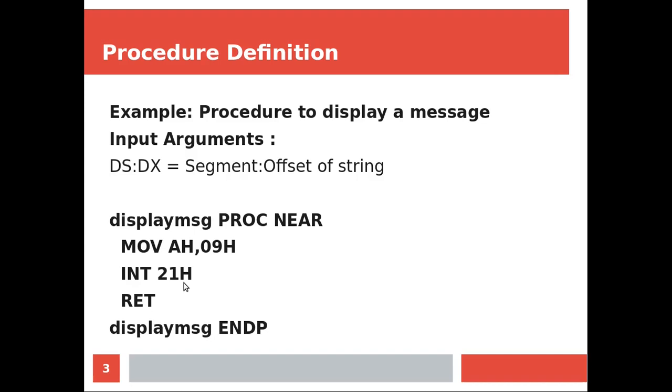That will affect the calling program, because in that program those registers will be used for some other purpose, and after calling this procedure the contents of those registers may be lost. So to overcome this problem, or to eliminate the side effect problem, we can use the help of stack.